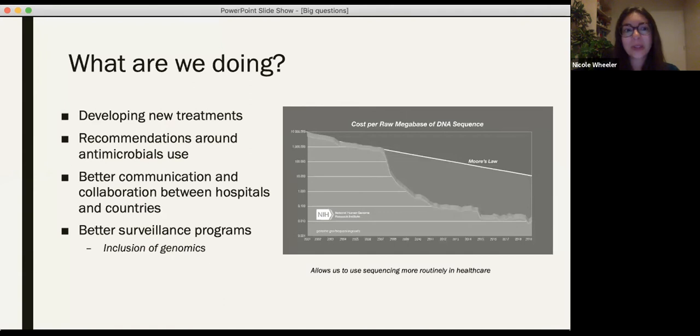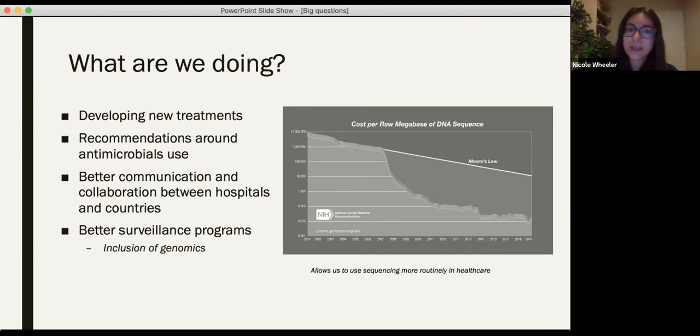We're also working on better communication and collaboration between hospitals and countries, because we recognise that infectious diseases can hop borders all the time. And so if you only know what's going on in your own hospitals in your own countries, you're bound to be taken by surprise. So a really cooperative, collaborative, global approach is key with infectious diseases.